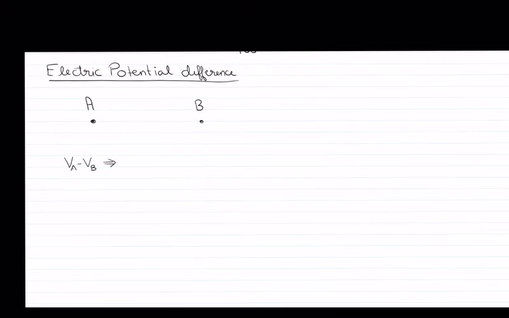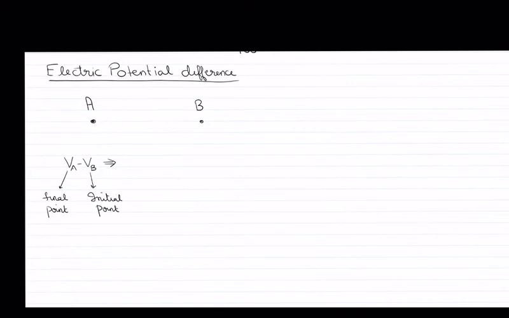Now if I write VA minus VB, it means that this point B is the initial point and this point A is the final point. So what does this VA minus VB mean?